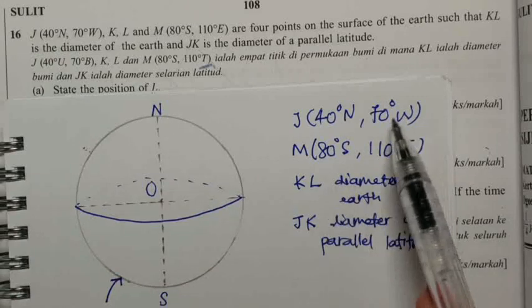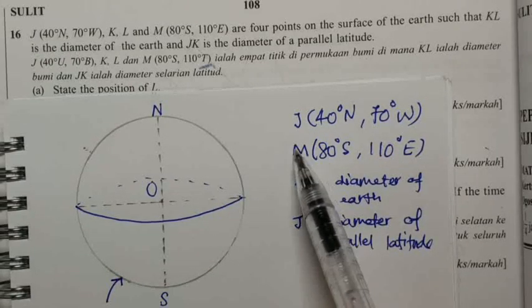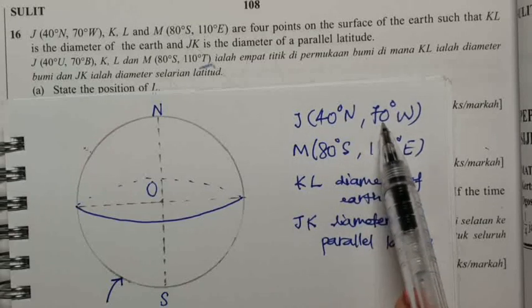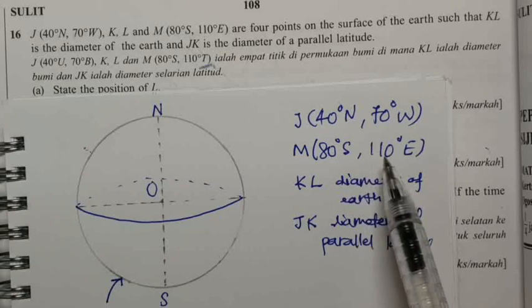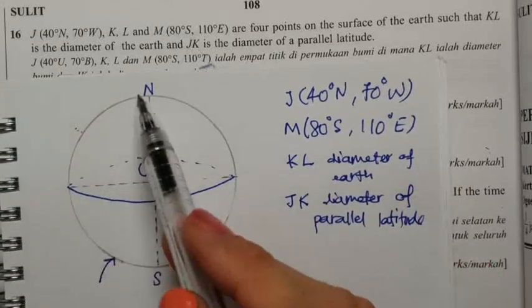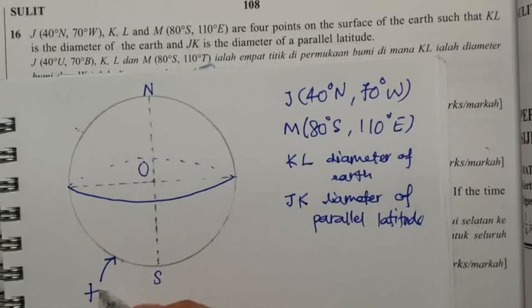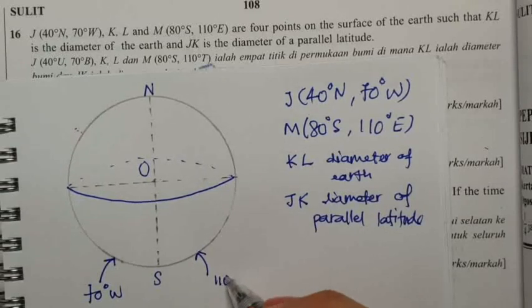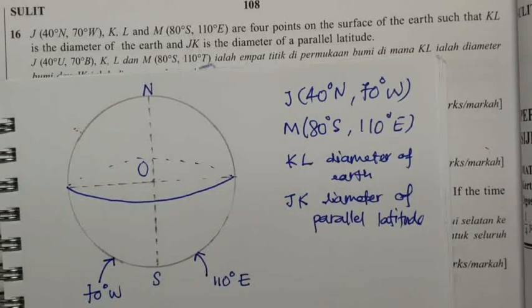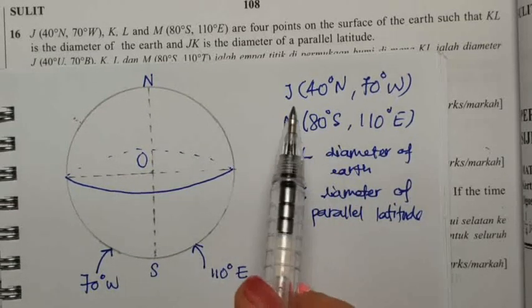Since J and M are opposite to each other along the great circle, you notice that 70 plus 110 is 180, so they are 180° apart. So let it be on the circle that we have drawn. This is 70° west, and therefore this side of longitude will be 110° east, because these two added up will be 180.